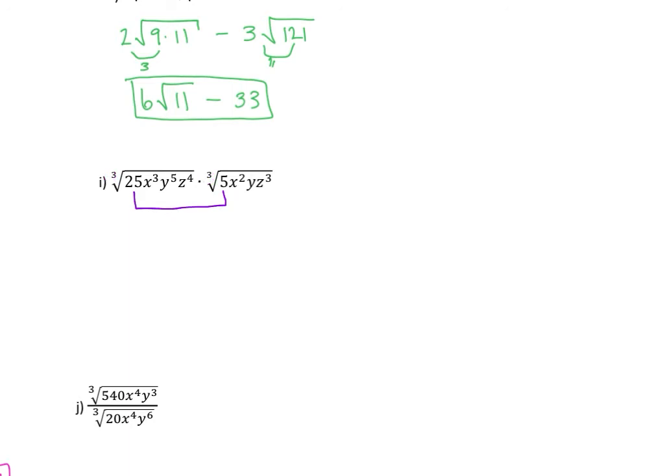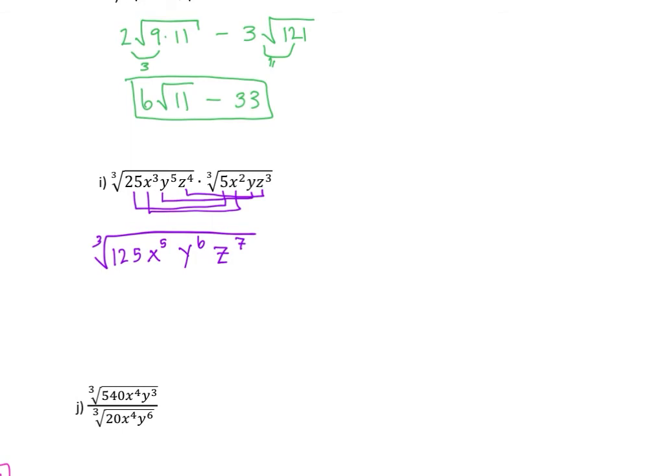All right, now what we're going to do, we have 25 times 5 is the cube root of 125. Then I have x cubed times x squared is x to the 5th. I have y to the 5th times y is y to the 6th. And I have z to the 4th times z to the 3rd is z to the 7th.